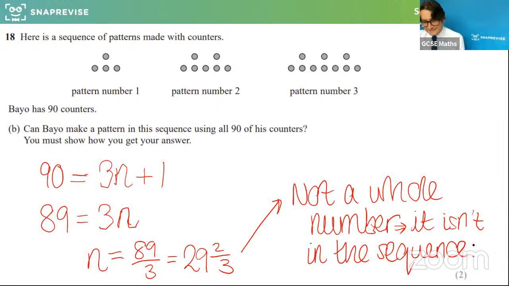So this basically tells us that 90 counters is between the 29th and 30th term. So the 29th term would have nearly this many counters, but the 30th term would have more. It would have like 91 counters. So it kind of gives you an indication of where in the list it is, but because it's not a whole number, it's not a proper position in the list. Very good. So it's a very common follow-up type question.